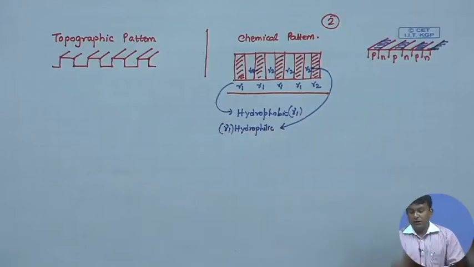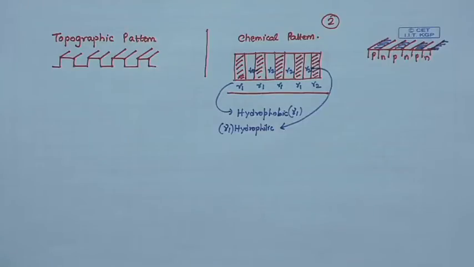So, in the context of soft lithography, you may refer to a chemical pattern as a surface which has spatially varying domains of different wettability, particularly alternating patches of hydrophobic and hydrophilic domain.